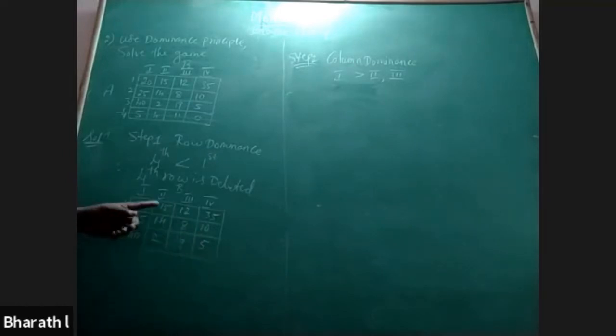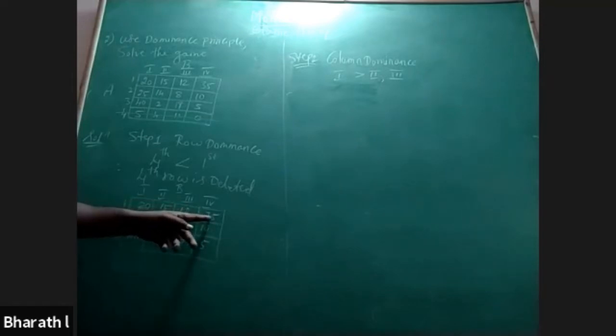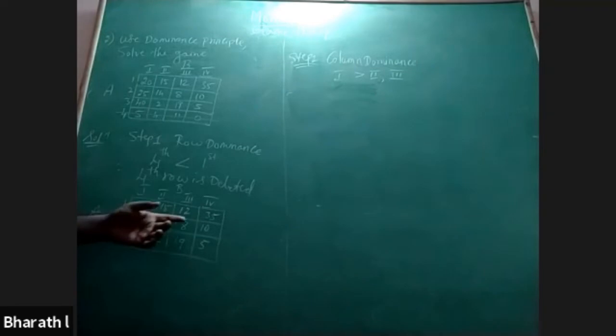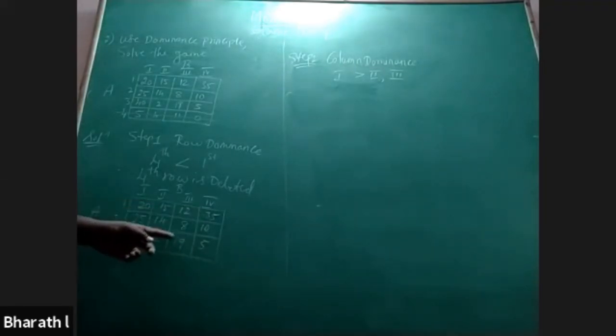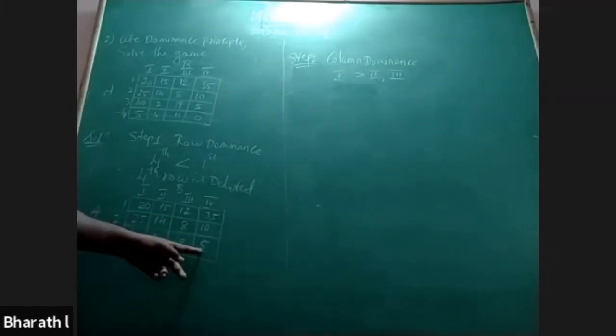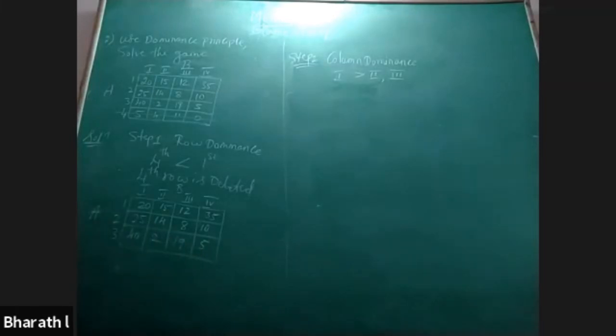Second and fourth: 15, 35, 35 greater, 14, 10, 14 is greater. Then we will compare third and fourth: 12, 35, 35 is greater, 8, 10, 10 is greater, 19, 5, 19 is greater. The other possibilities are not possible.